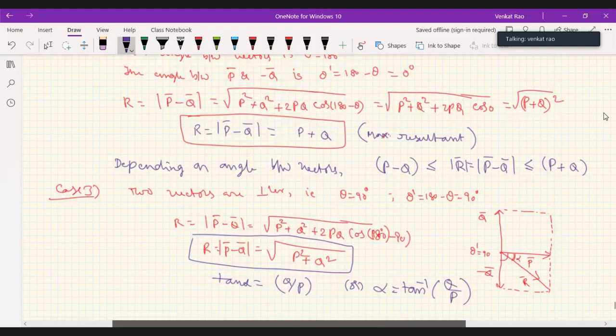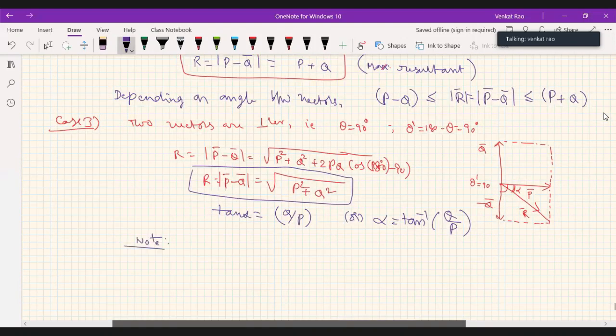Another note point, modulus of p bar plus q bar equal to modulus of p bar minus q bar equal to root of p square plus q square when theta is 90 degrees. When two vectors are perpendicular, the magnitude of the sum of the two vectors and the subtraction of the vectors will be same.